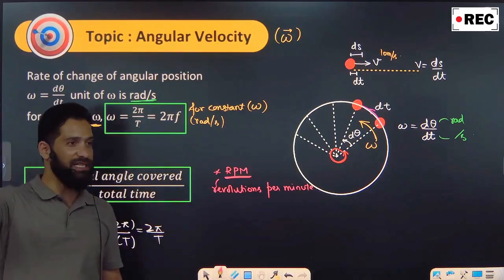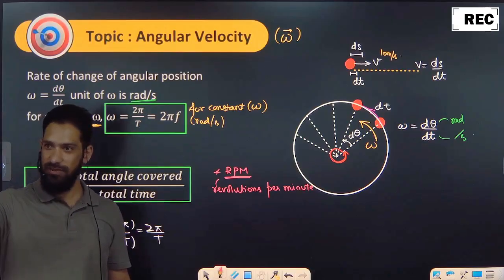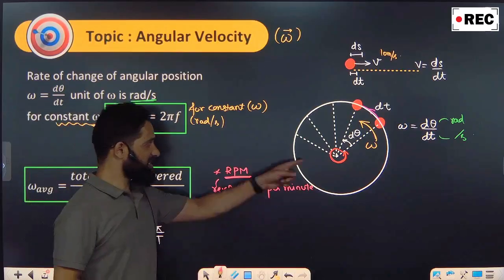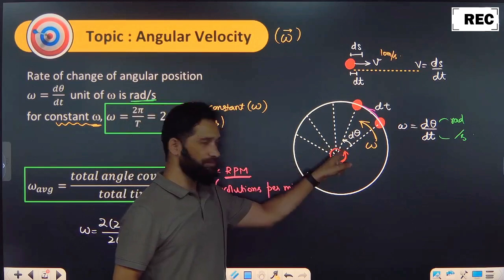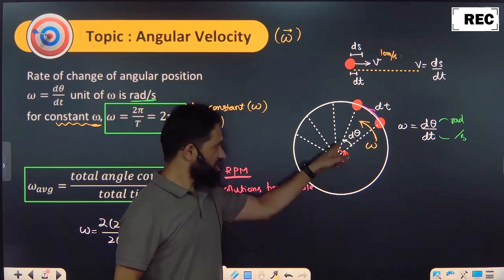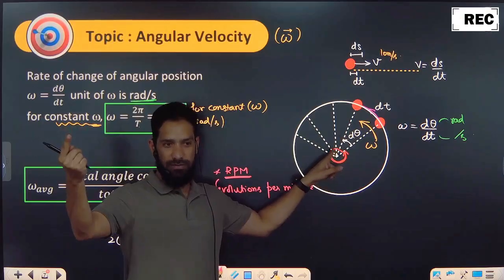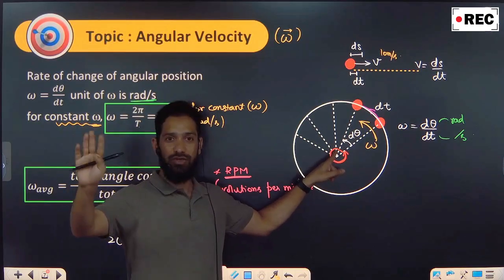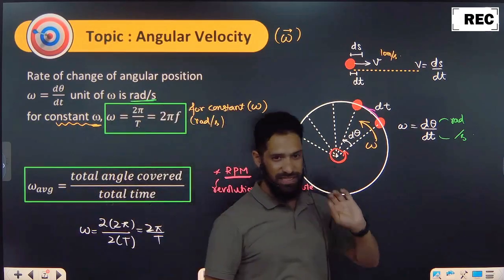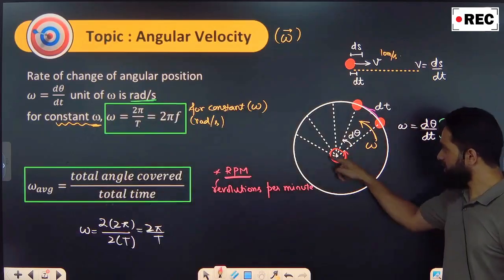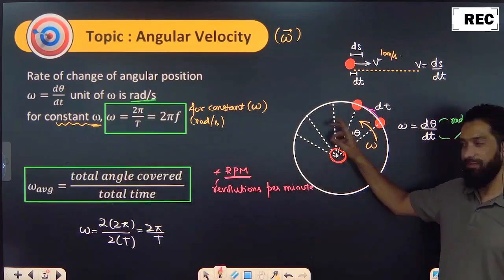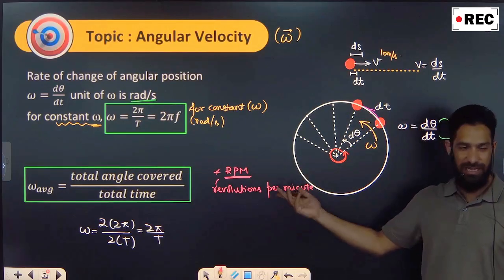Can you see this fan is moving on a circle? So when it's moving on a circle, is it subtending an angle here? Is that clear? So say for example it is subtending an angle, and after the end of 1 minute, I will ask you what is its average omega. What will you say? Sir, how much angle it has subtended divided by 1 minute, right? That is radian per second.